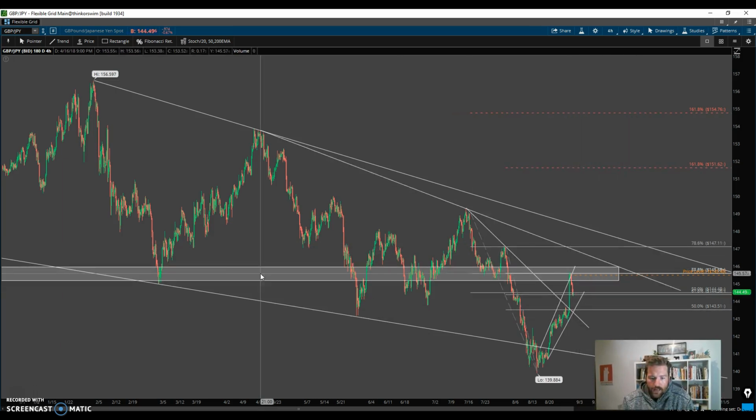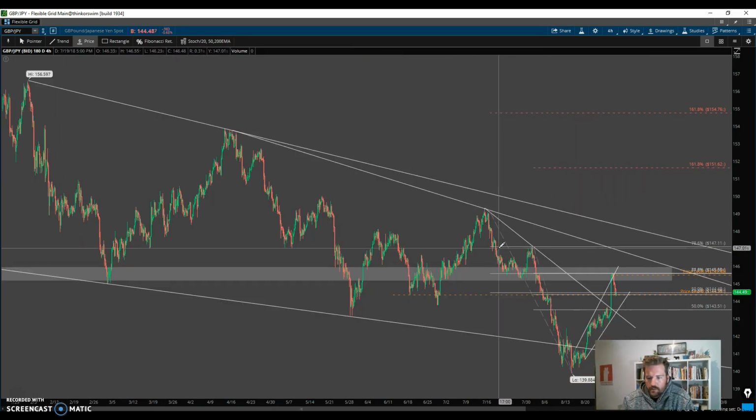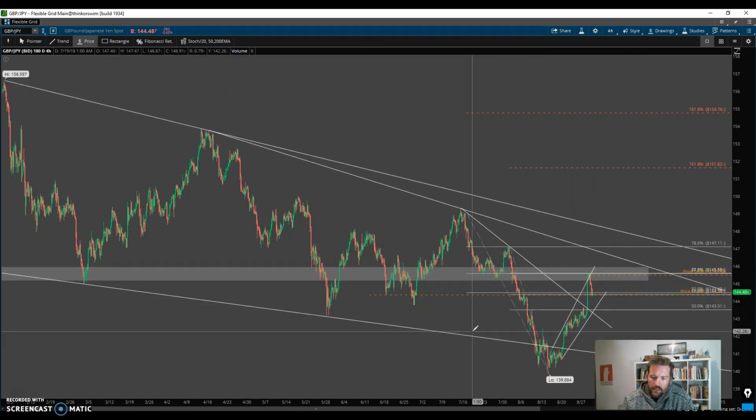So we pulled back down, and as we were retesting this level here, we have some fibs on these structures that can act as resistance or support on the backside. So I wanted to just take my profits. It was a quick trade, 100 pips. So that was the pound yen.